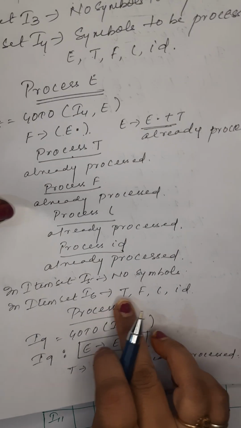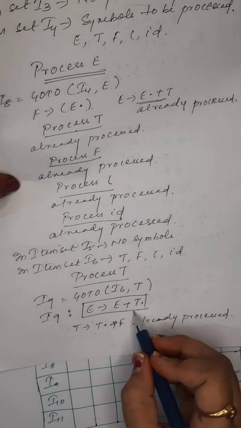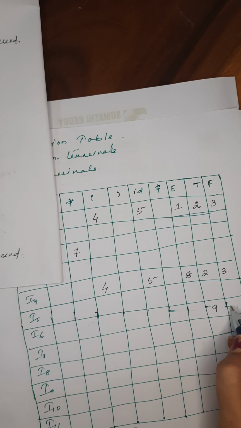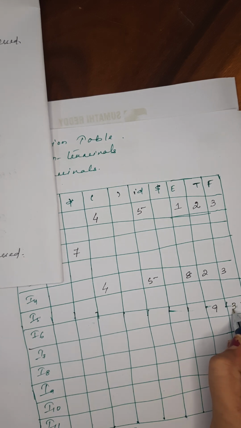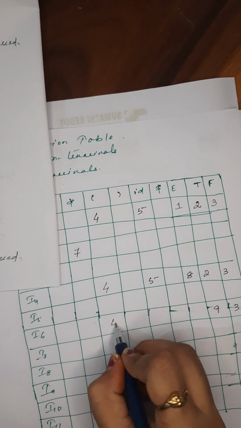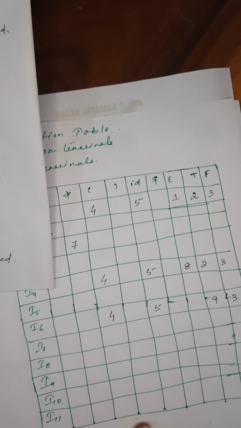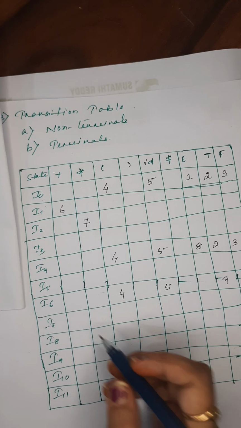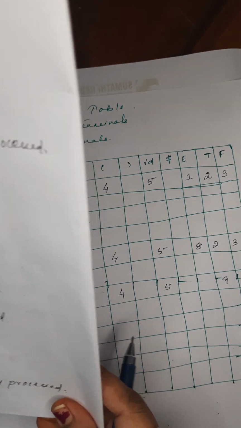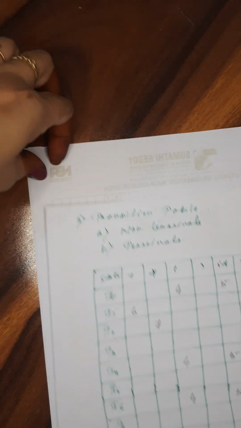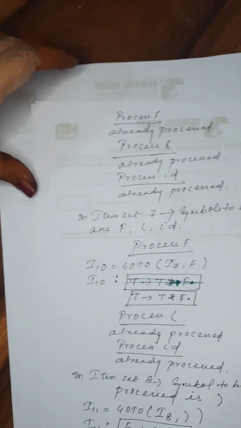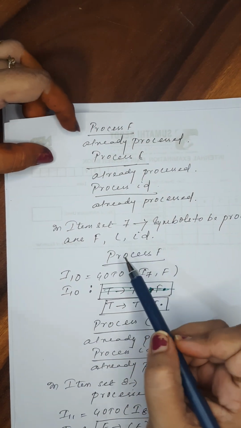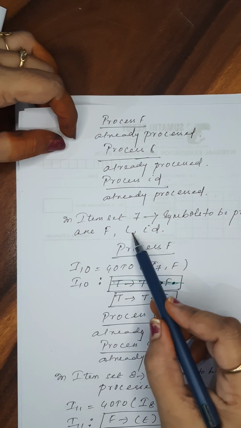Then for I6, T, F, opening bracket, ID. T is processed in 9, so for I6 under T we will write 9, and for F already processed, so 3, and opening bracket 4, ID 5. Now comes I7. In item set I7, the symbols to be processed were F, opening bracket, ID.